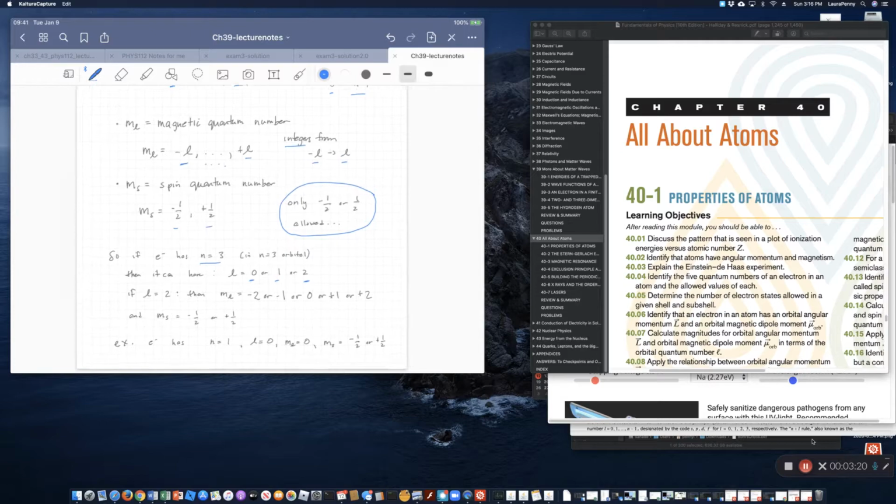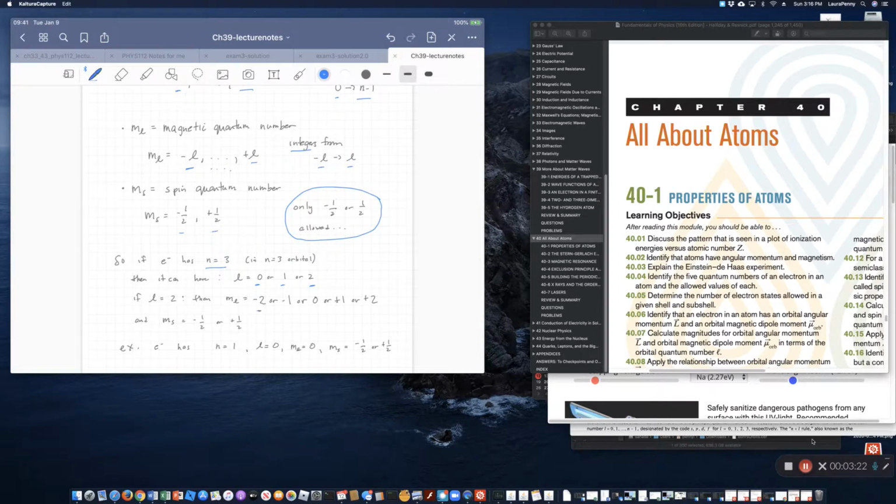Then that electron could have m sub L equals negative 2, negative 1, 0, plus 1, or plus 2. It has all these different options for its magnetic quantum number. And then no matter what, its m sub S can be either negative 1/2 or plus 1/2.